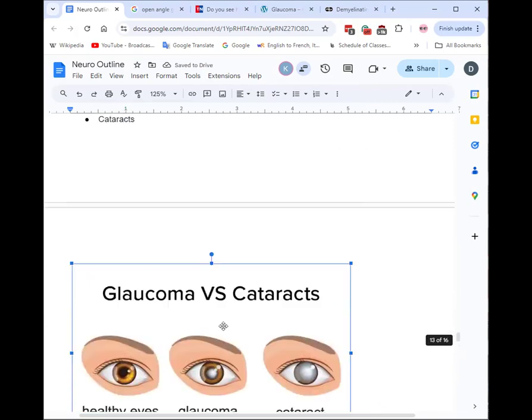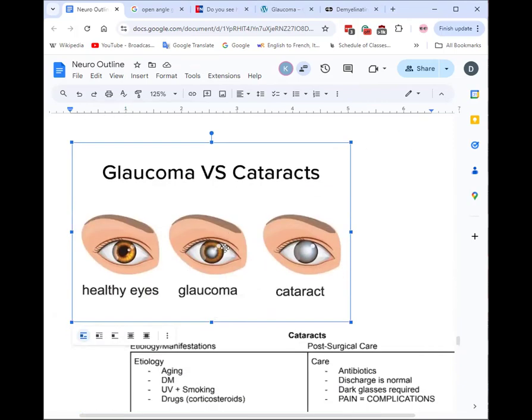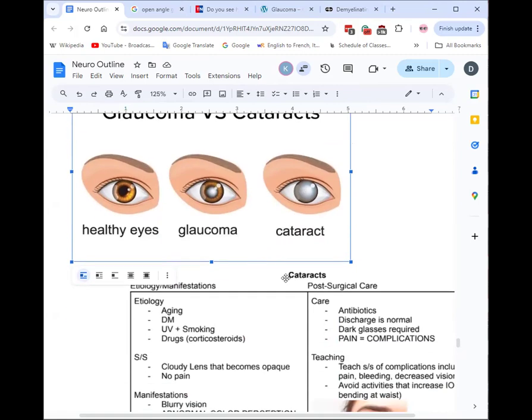A look at what cataracts versus glaucoma can look like. With cataracts, you have something on top preventing you from seeing, a cloudy gray lens. Glaucoma can also have a little bit of fogginess, but the characteristic of cataracts is that foggy, cloudy lens.